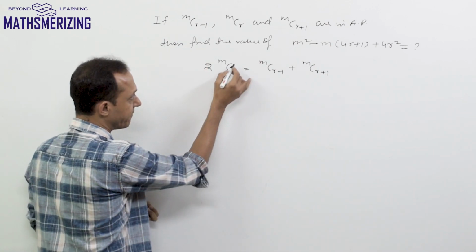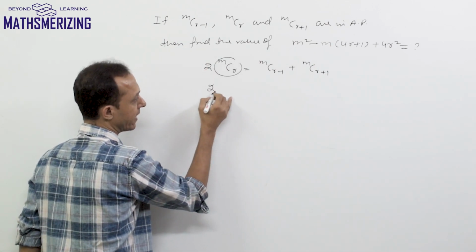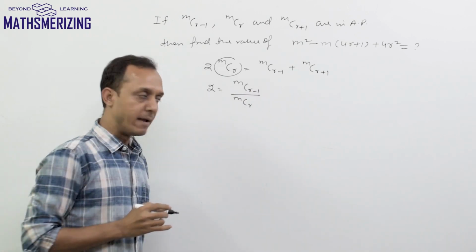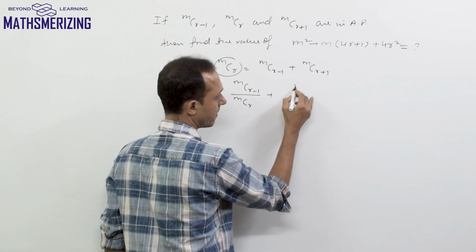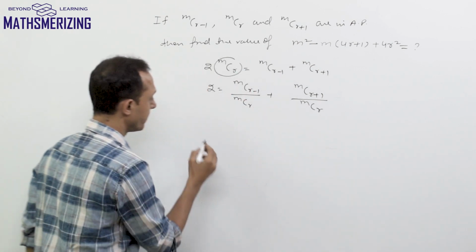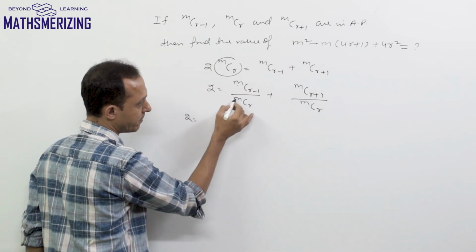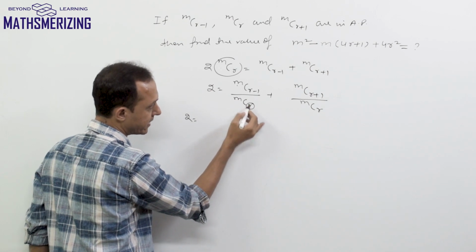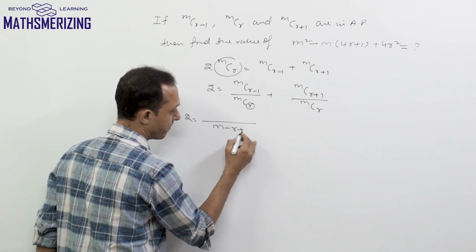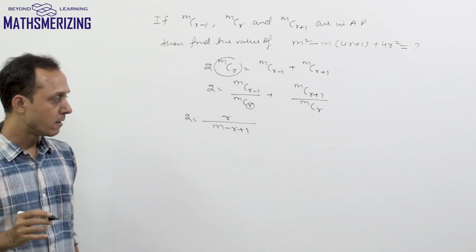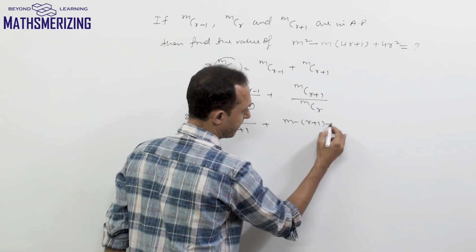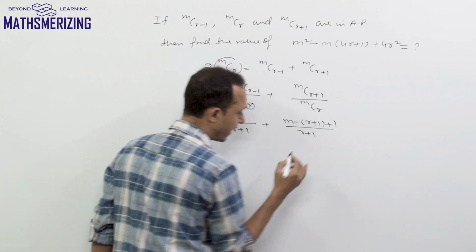So what I'll do is, I'll divide everything by mCr. So if I divide it by mCr, I can write it as mCr minus 1 upon mCr and mCr plus 1 upon mCr. Now this is 2. Here m is the same, r differs by 1, so I'll simply write it as m minus r plus 1 upon r, and here also I can write it as m minus r upon r plus 1.